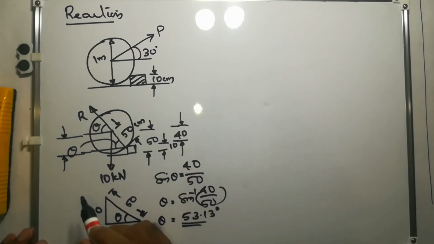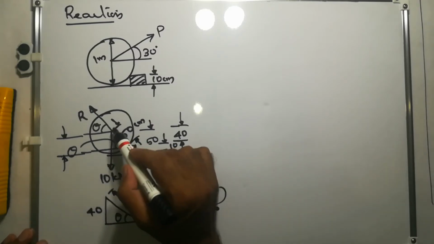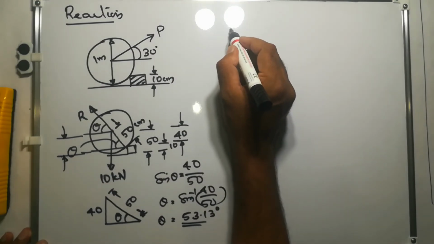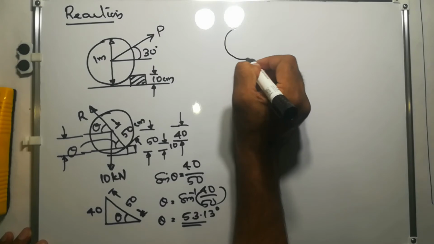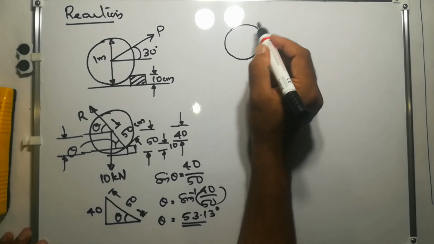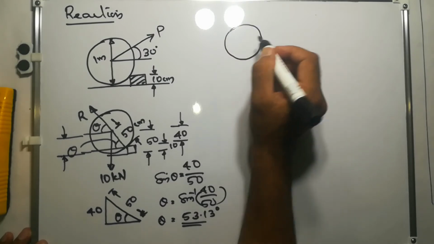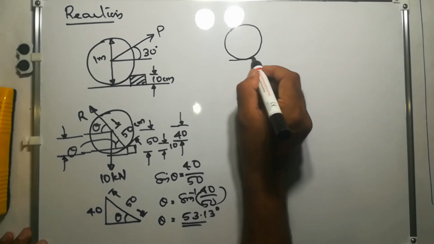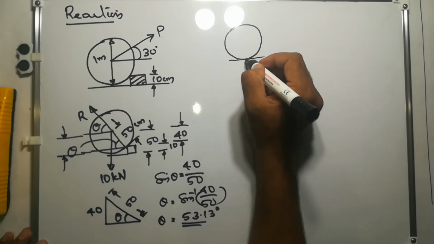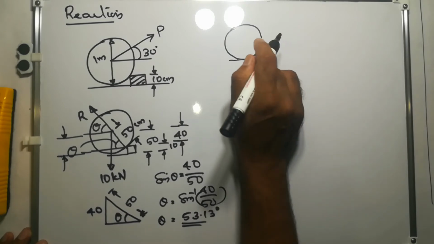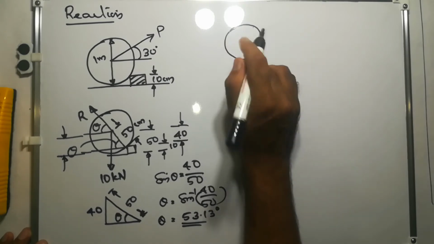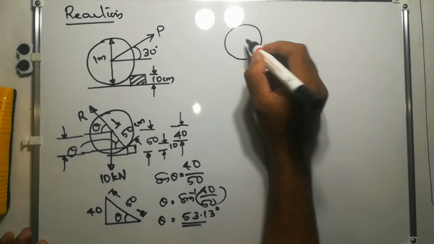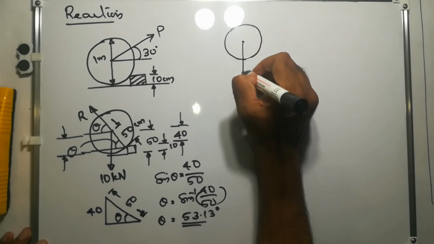Now, how many forces are acting on this roller? 3 forces. Just at the point of overcoming the obstacle, or at the instant of overcoming the obstacle, the roller will not be touching the ground, just above the ground, and there are only 3 forces acting on the roller.